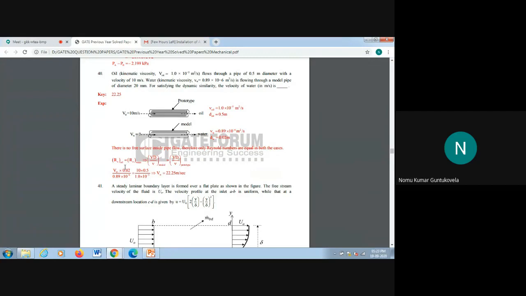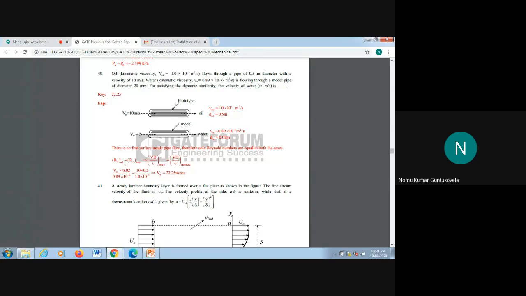So Fp is the pressure forces, Fg is the gravitational forces, and there are inertial forces and viscous forces. If we neglect one type of force, we get one type of equation.